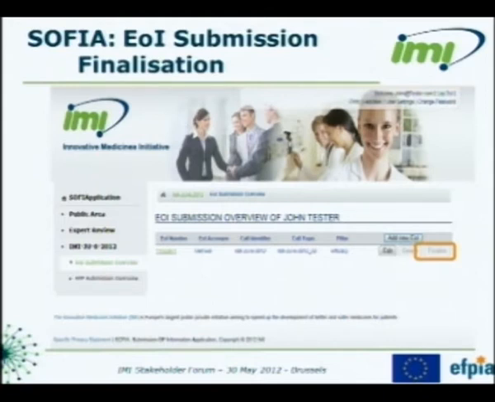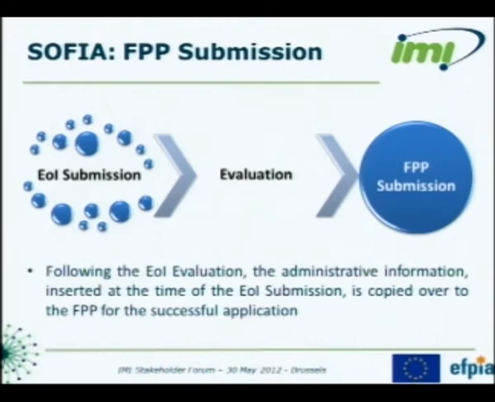So you have submitted your application, the deadline comes, then starts the work at IMI to check the eligibility of your application. Then we go through the evaluation process, and the successful application will then move on to full project proposal submission.